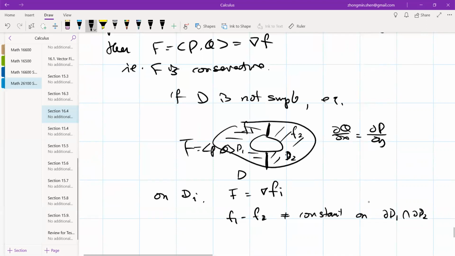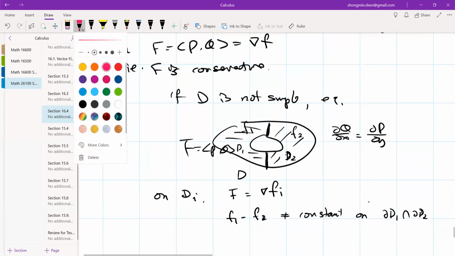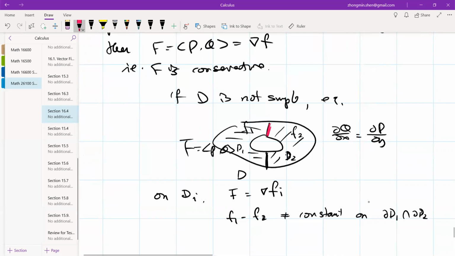Well, sometimes still yes, but I cannot prove that. There are examples where the two functions do not match along the common boundary. If they only differ by a constant, I can add that constant to one function, then they're equal and I have a whole function.